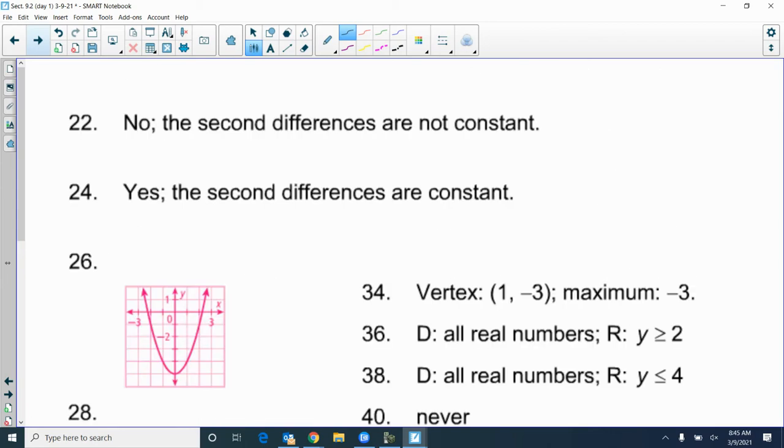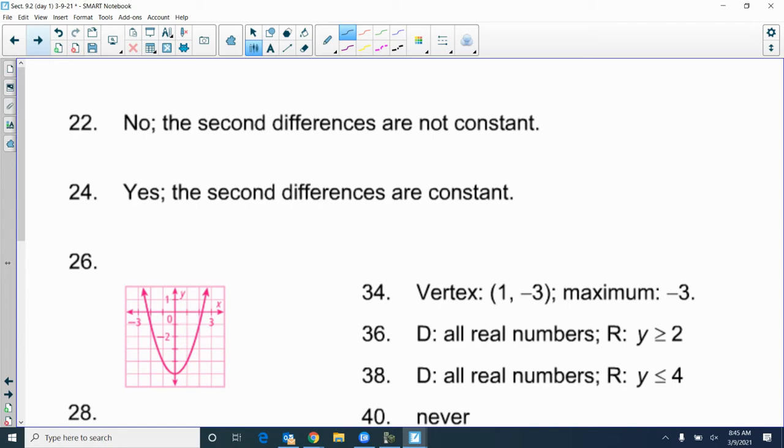Homework wise, I said to do this on your homework. For 22 and 24, you need to show me your work. Most of you did a table and showed the subtraction that you have to do.